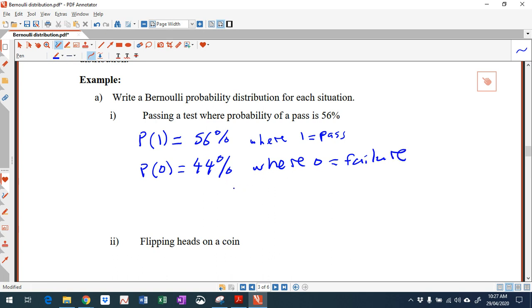Okay, now to write this as your Bernoulli distribution, let's do that.